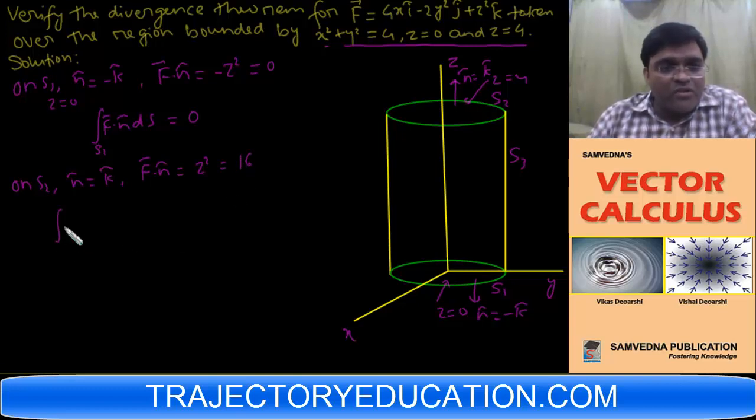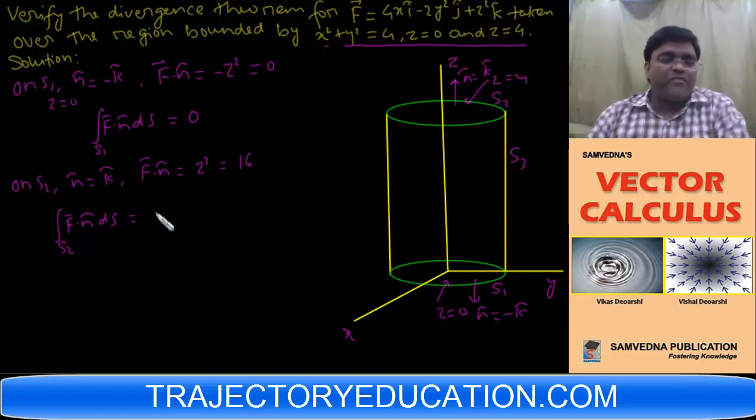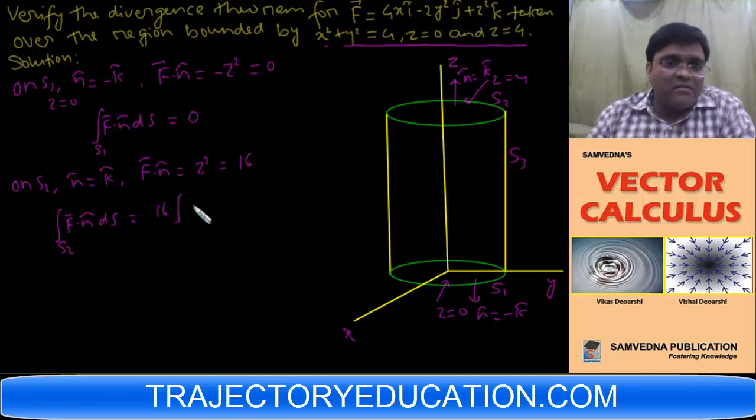So the surface integral of f dot n ds over S2 comes out to be 16 ds over S2. Here ds is nothing but the area of this base, which is 4 pi. So this is 64 pi.